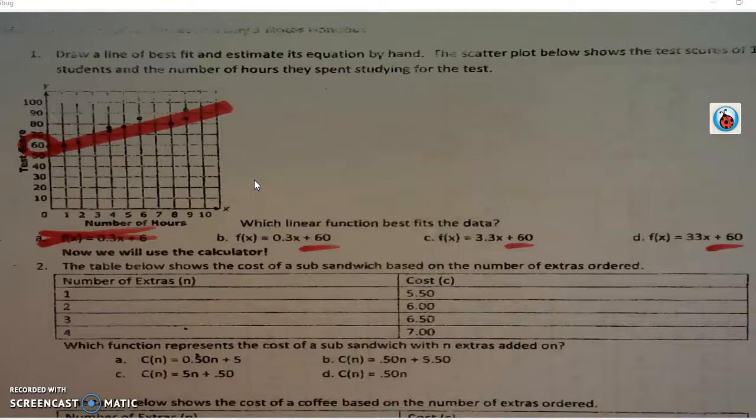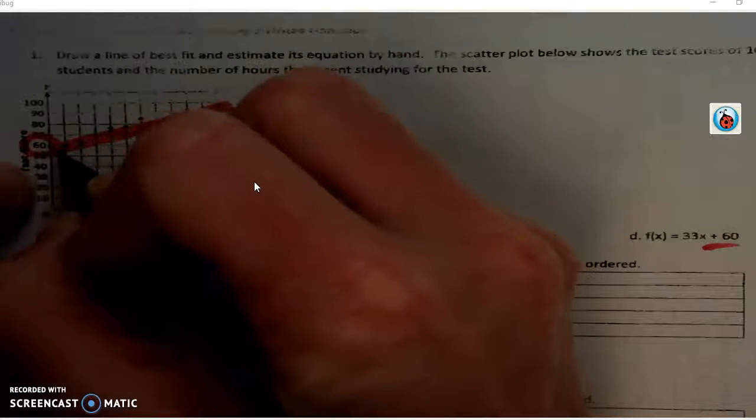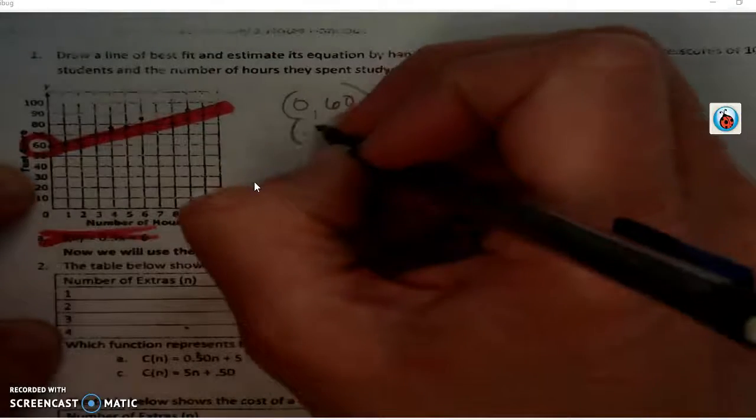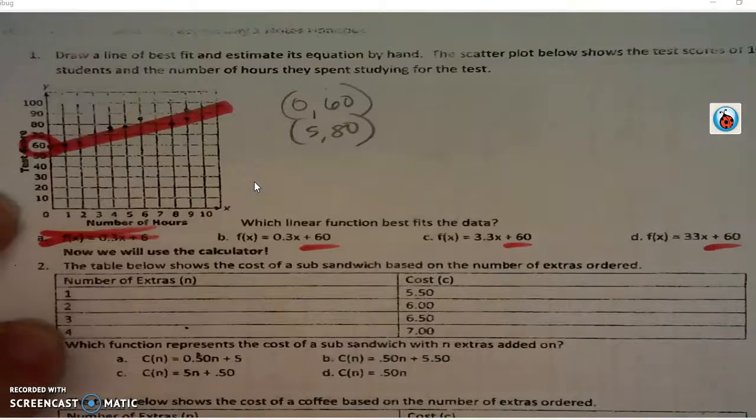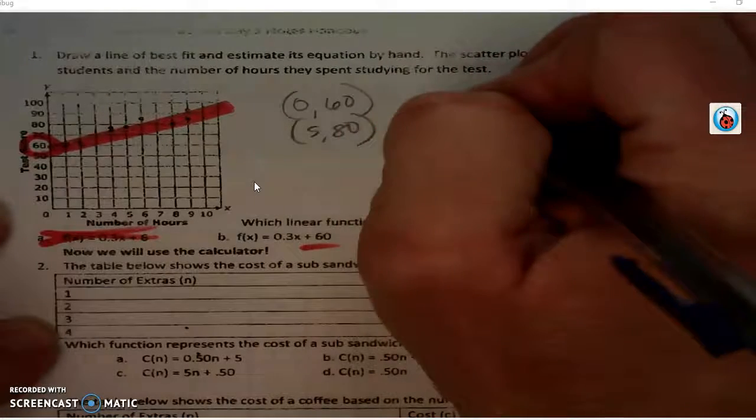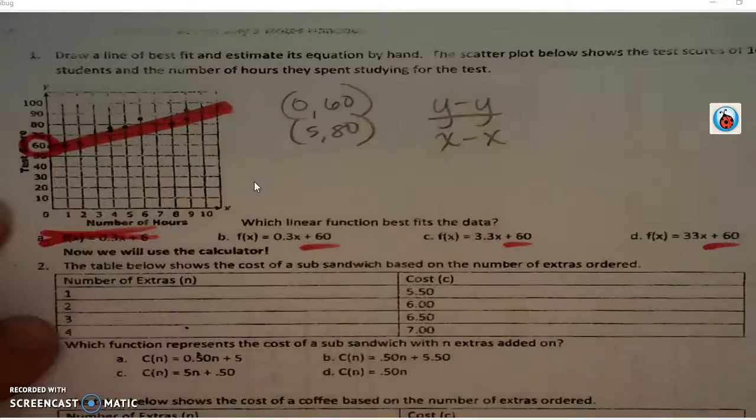To find the slope of that line, you need to pick 2 points. So I will pick (0, 60), and then I will pick the point (5, 80). And the slope formula is y minus y over x minus x.